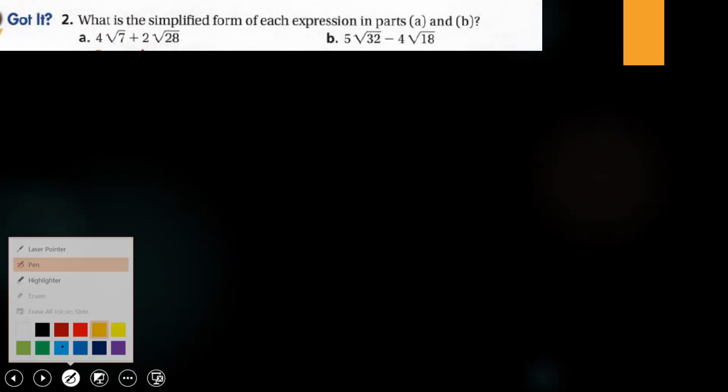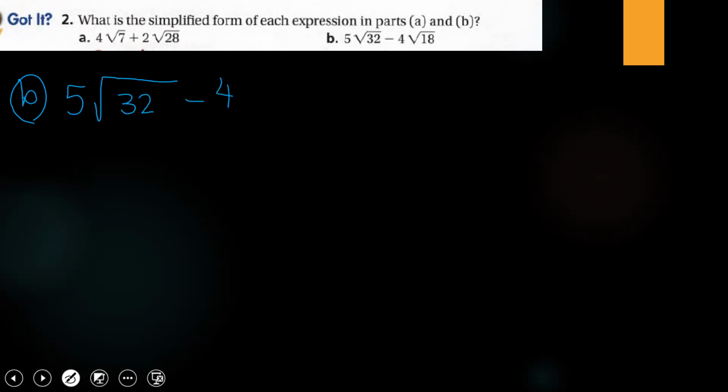In B, we have 5 square root of 32 minus 4 square root of 18. As we say now, look at the numbers under the radical. Are they the same?